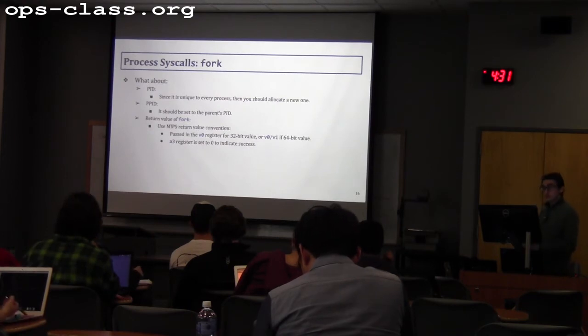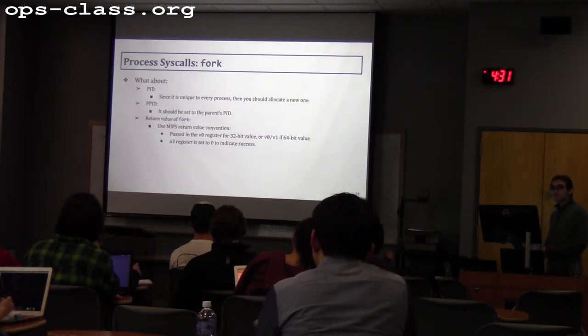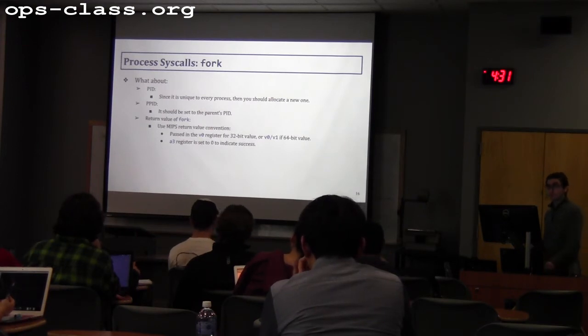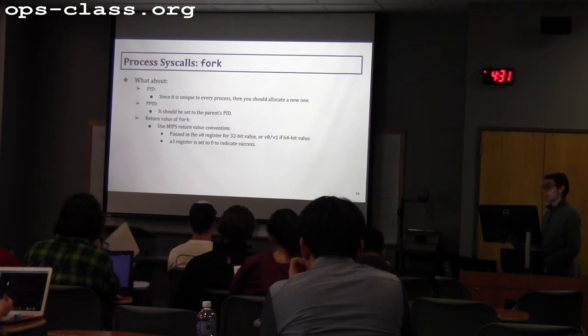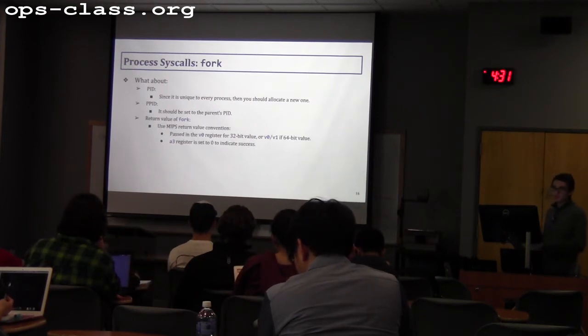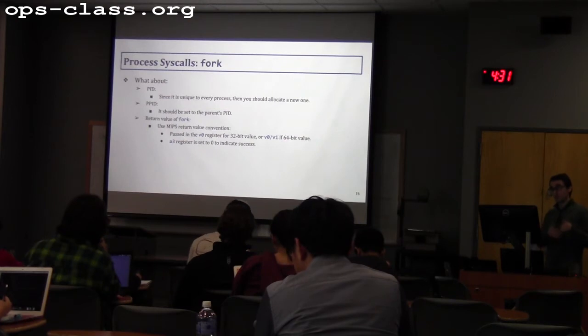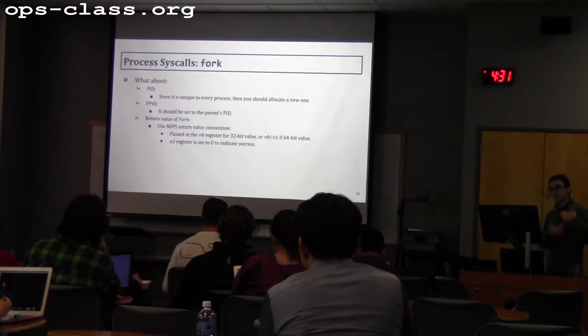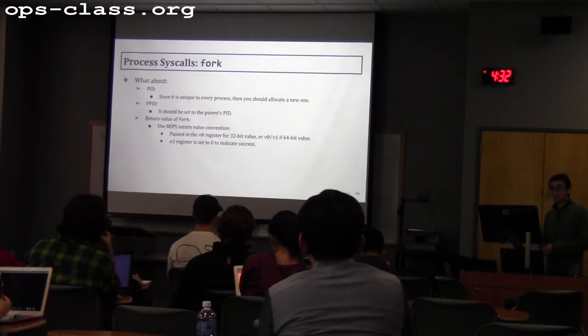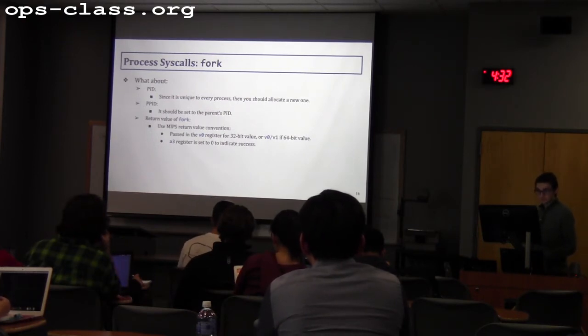Now, what about the other stuff that we shouldn't copy? The PID, as we said, is unique to every process, so you need to allocate a new one. A new one in the sense that if you're using an increasing counter, or an invalid index in the process table that you just allocated for your new process, you can use that index.